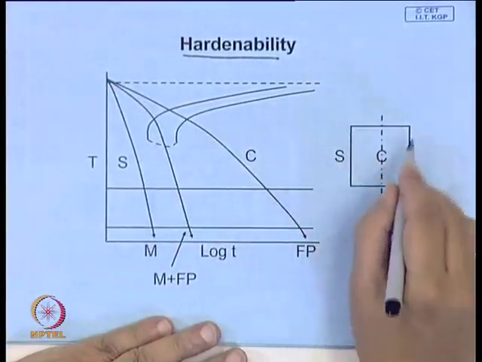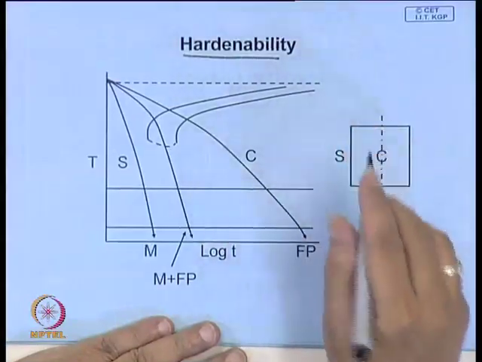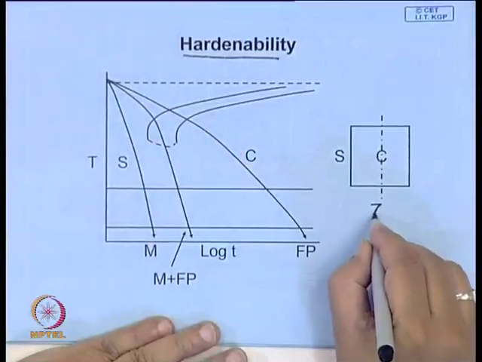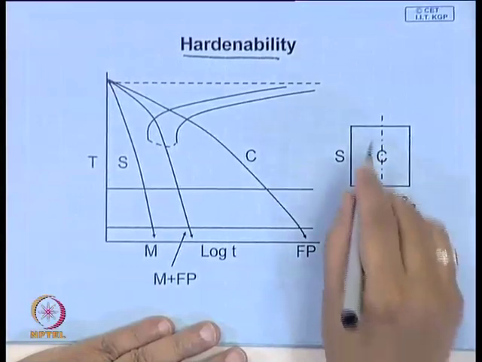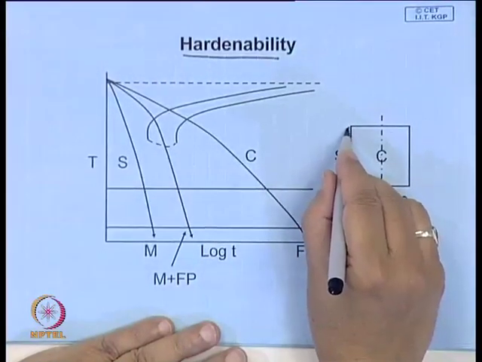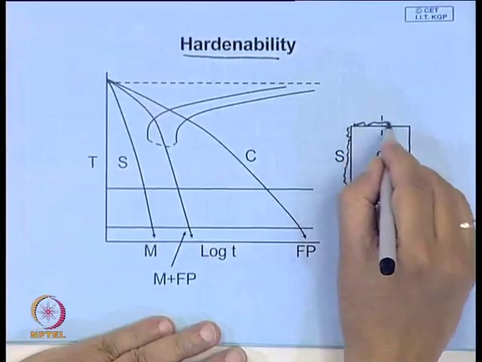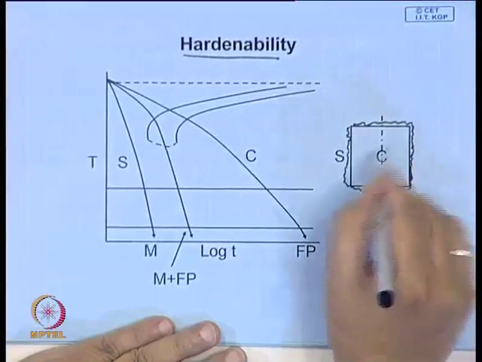Imagine this has a temperature of around 760 degree centigrade, and you dip it in cold water; suddenly a blanket of steam will form. Now, a blanket of steam is actually not a good conductor of heat.